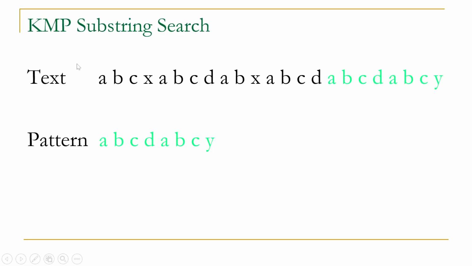Next, KMP comes. KMP is a substring search algorithm, which is developed from the naive approach or naive algorithm.